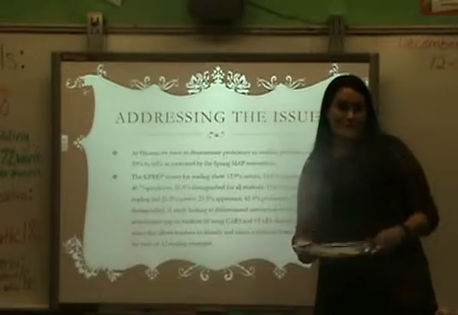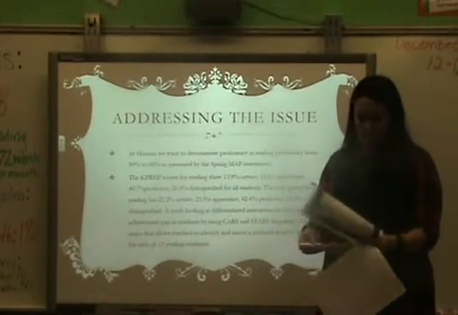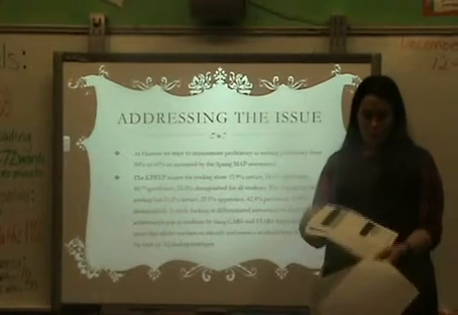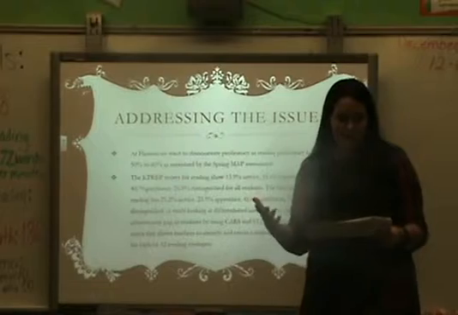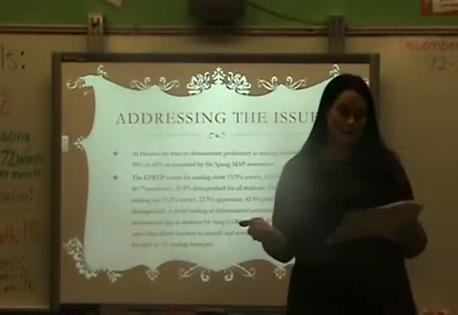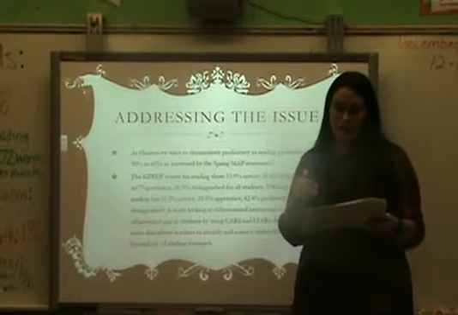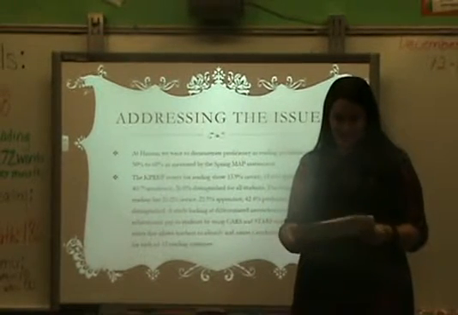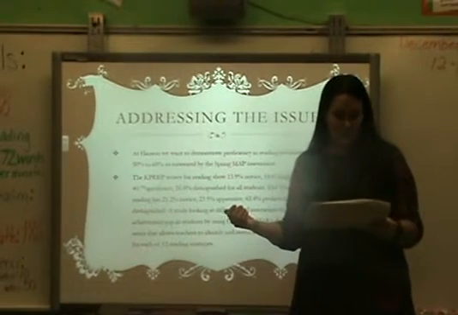So in addressing the issue, I took a look at the data that I got on our report card at the state. We want to demonstrate proficiency in reading from 50 to 60% using the Spring MAP assessment. I also put down some test scores from K-PREP.